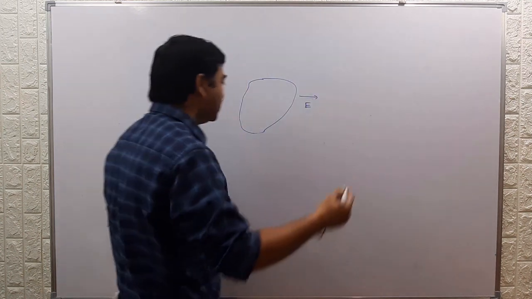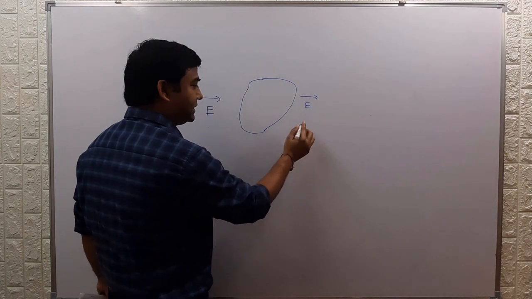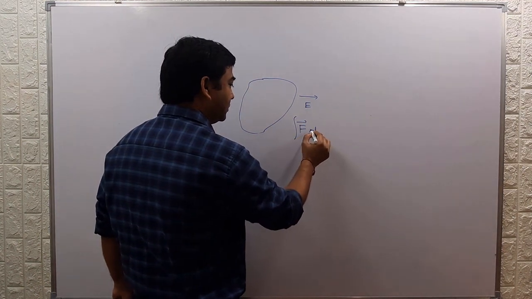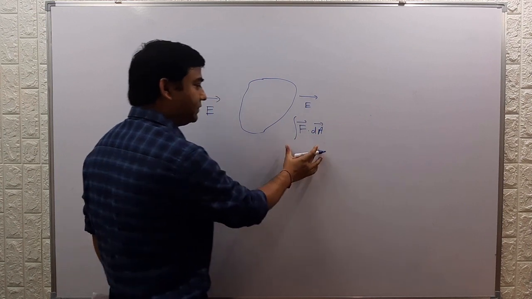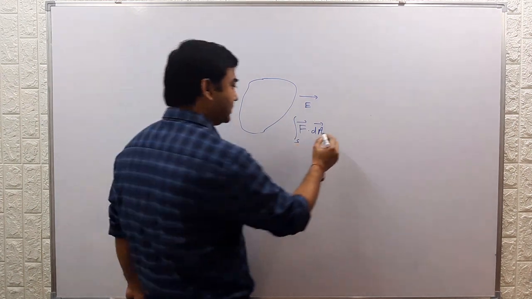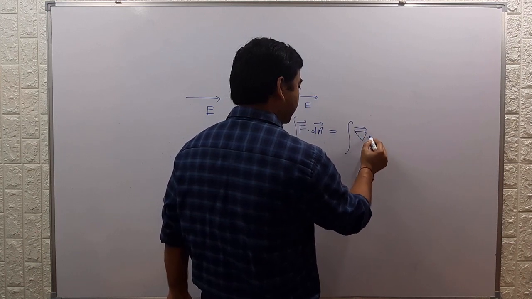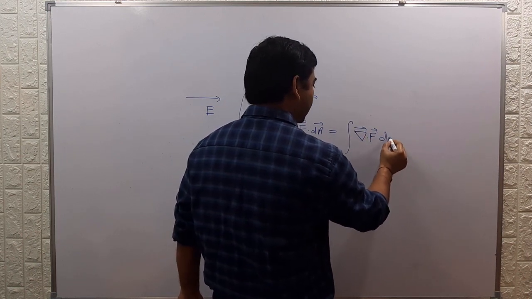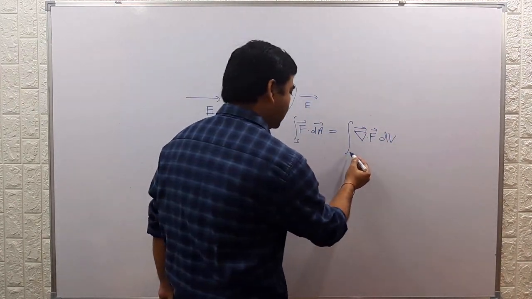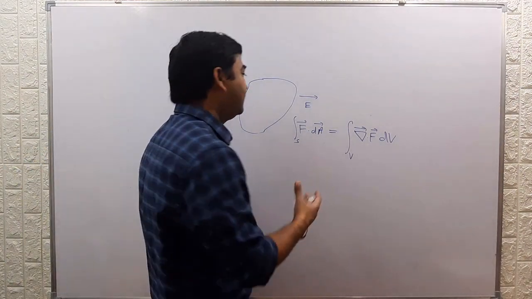As we have seen, for any vector field F, Gauss's law is given by F dot dA, that is the surface integral along the Gaussian surface, any imaginary surface, equal to the divergence of field F for the volume surrounded by the Gaussian surface. That is Gauss's law.